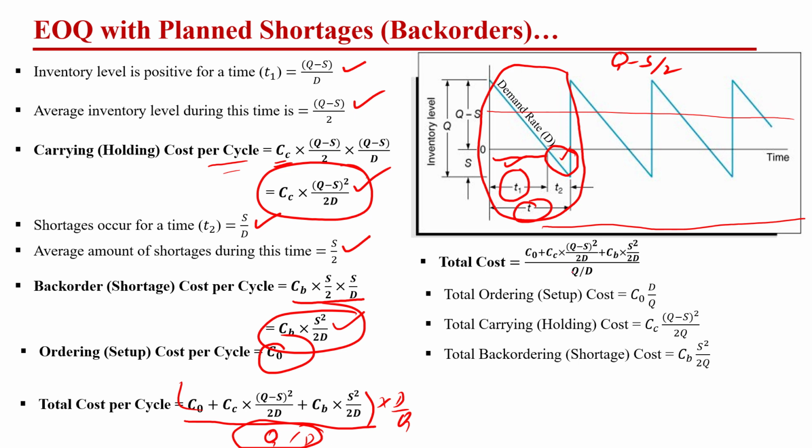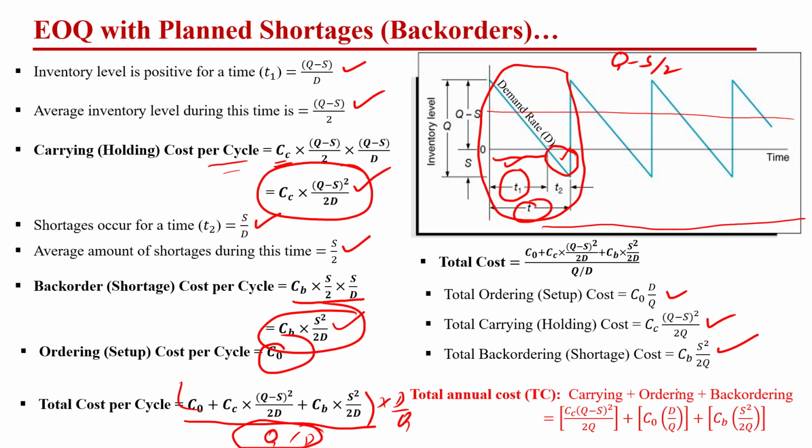When we multiply by D by Q, this is going to be the total order cost, or in a manufacturing environment the total setup cost. This is the holding cost, this is the shortage cost, and this would be our total cost.